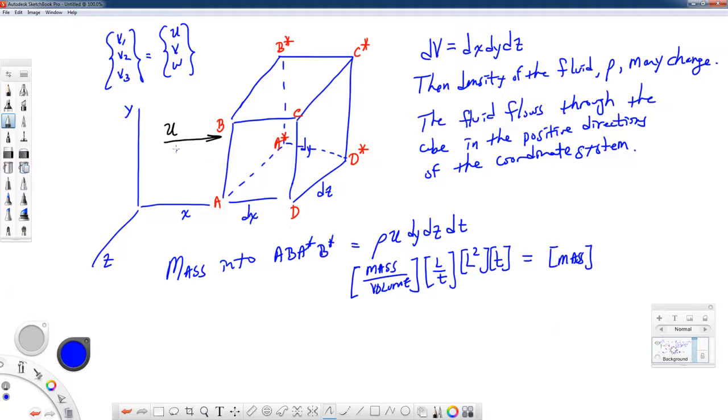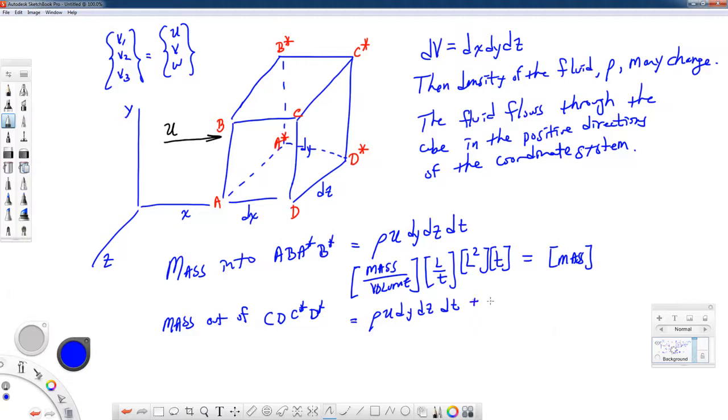Now, again, only looking at what's going on in the x direction, things can happen inside the cube, and we may also have some mass that's flowing out of the opposite side of the cube. So we can look at the mass out of CD, C star, D star, and that will be a similar type of expression. It'll be what's going in the other side plus what happens to it while it's in the cube.